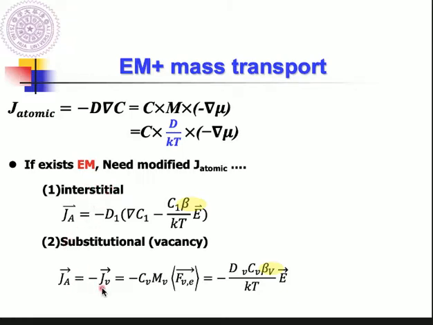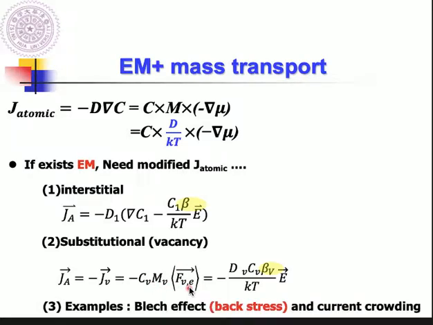So in order to know JA, we calculate JV, then we can get JA. And JV is much easier, right? Because you can use material analysis tools to know the concentration of vacancy, the mobility of vacancy, and also the driving force for the vacancy. You can use TEM, SEM, or SPM. Then you can have some information about the vacancy.